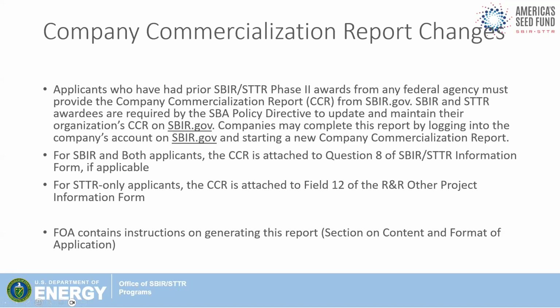You should be reporting your follow-on investment, sales, and so on from your awards to SBIR.gov into this company commercialization report. This helps Congress understand what's going on with the results from SBIR and STTR awards. This way you can only do it one place. Just do it at SBIR.gov for all agencies, and you can just print out a PDF of that and submit that with your application.